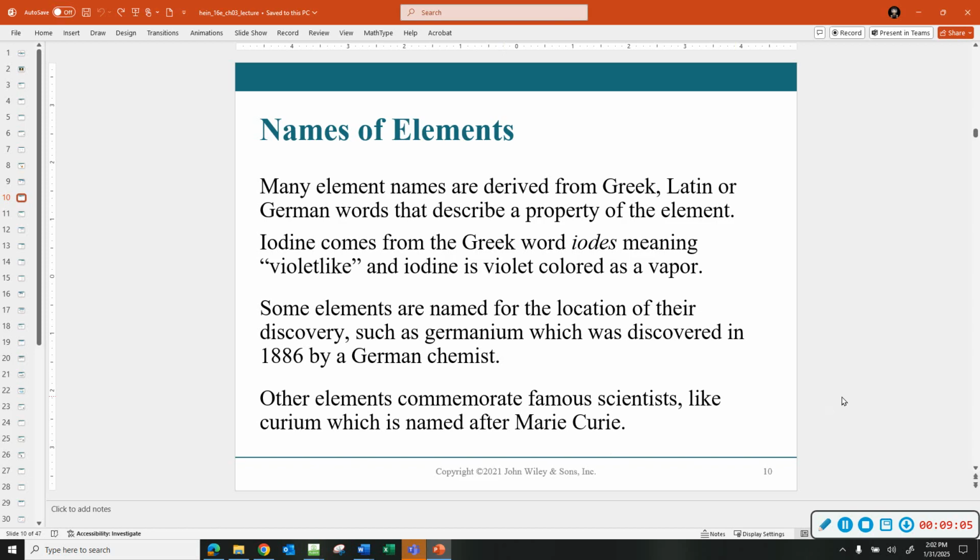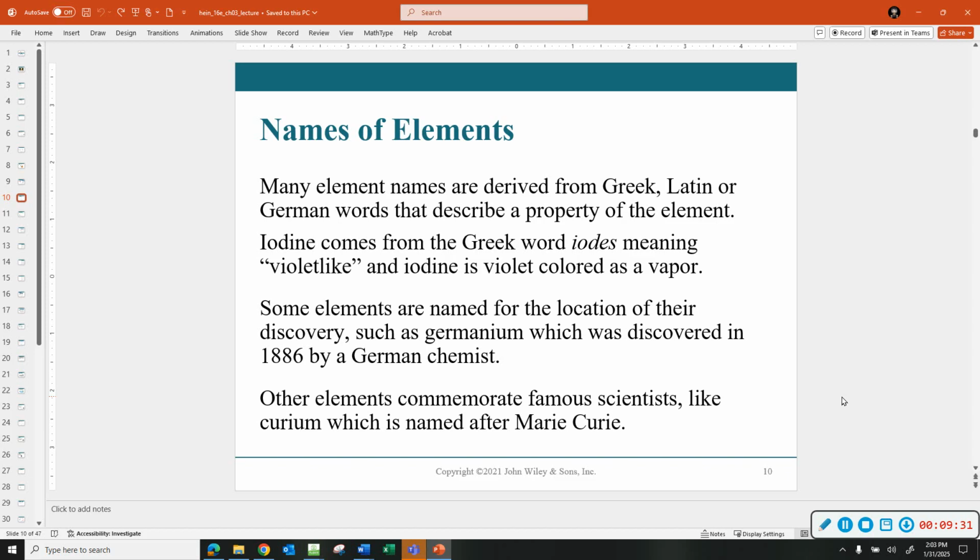I'm not going to really test you on whether this came from a Greek or Latin or German word, or who it was named after. Just understand that there are what are called ancient elements that were known by the ancients or philosophers like Plato and Socrates. Those would be the ones where the actual letters in the symbol don't match the name.